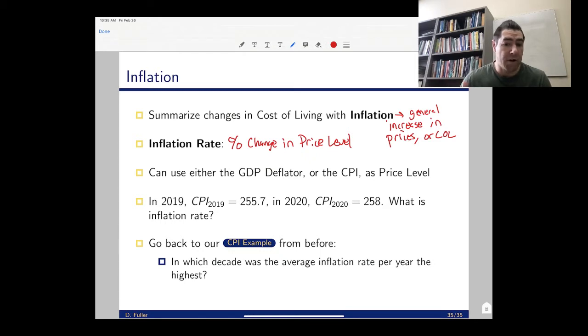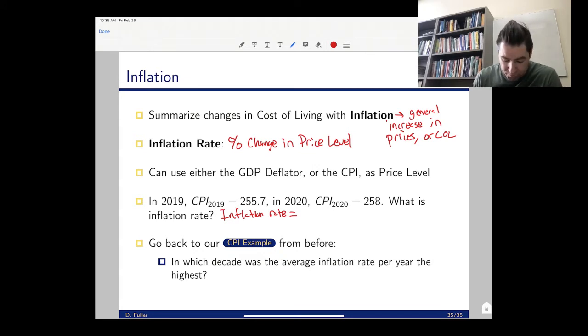So here we've got 2019 and 2020. I know the CPI in each example, and so I can go ahead and calculate the inflation rate. So inflation rate is equal to the percent change in the price level.